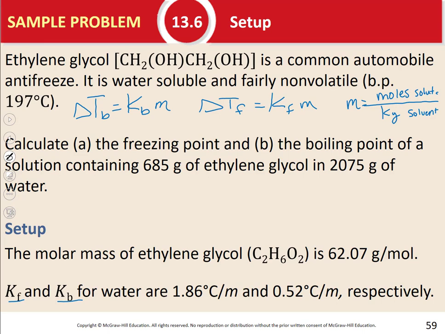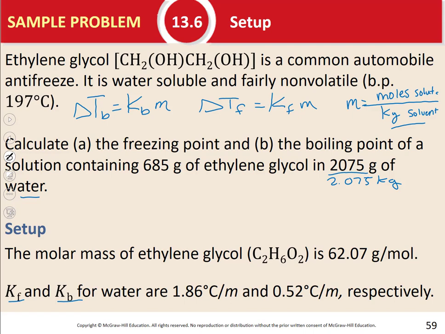All right, so we're given the mass of the solvent here. We have 2,075 grams of water, which is how many kilograms? 2.075. Okay, so now we have our kilograms of solvent. We got that, check. So now we just need moles of solute.